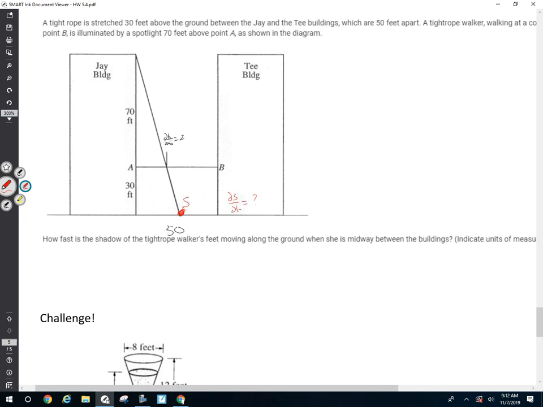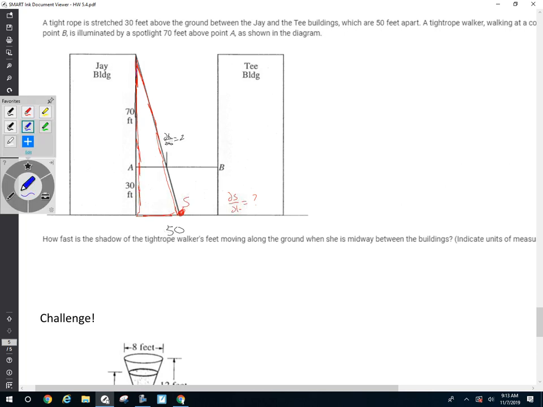Okay, here's what I'm seeing. This triangle, and this triangle, which are similar. So I'm going to set up a proportion for those triangles. So let's do the walker's proportion.